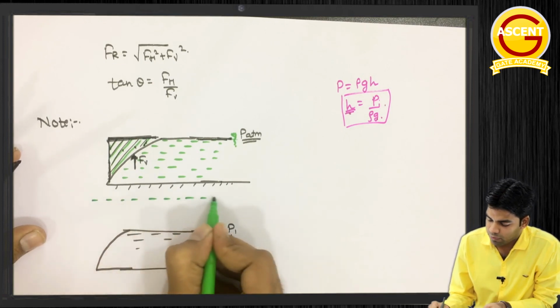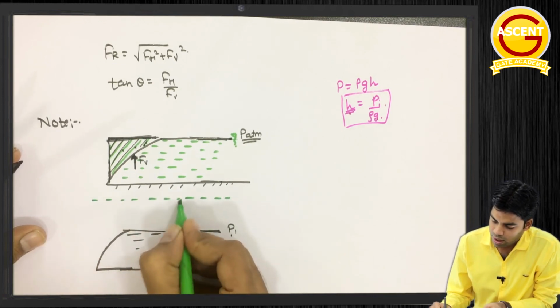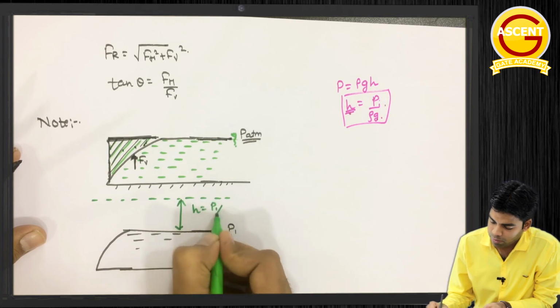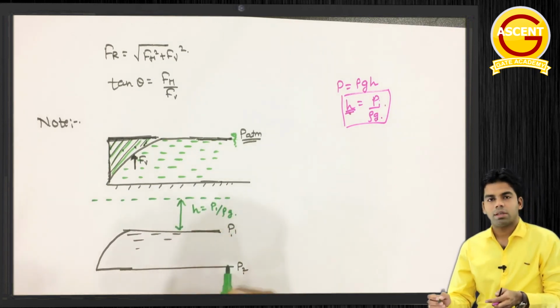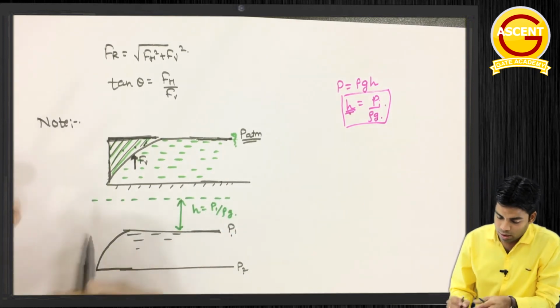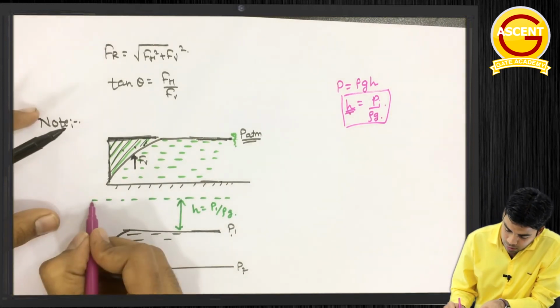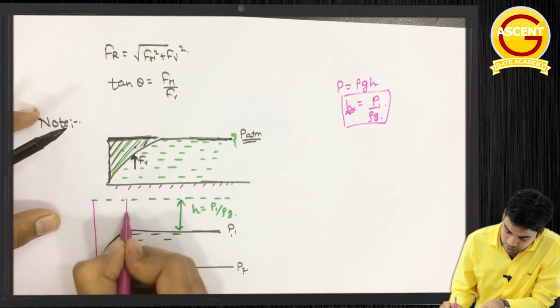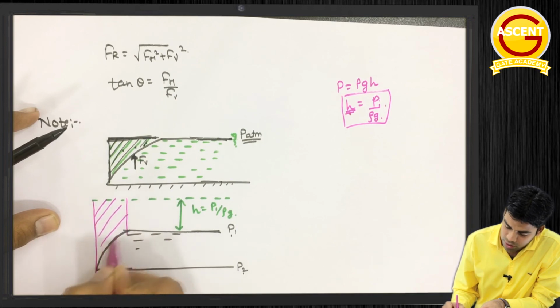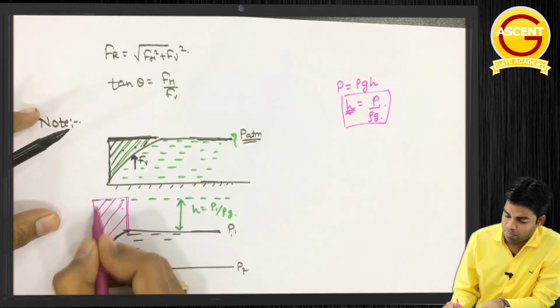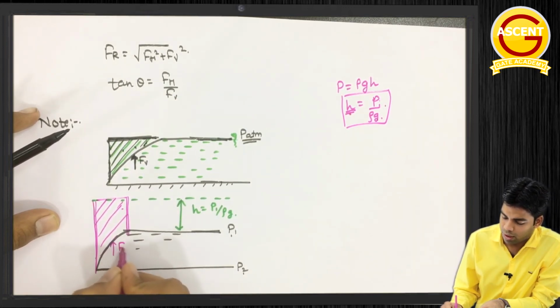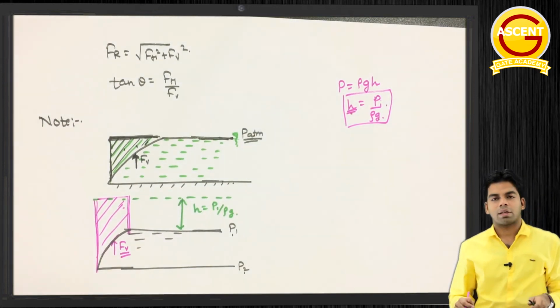This is our imaginary free liquid surface which is at a height of P1 by rho g. Getting this or not? So now what? Now अब इसके ऊपर जितनी भी लिक्विड है उसका वेट, this curved surface के ऊपर जितनी भी लिक्विड है वो complete weight is nothing but the vertical force Fv. Getting this thing or not?